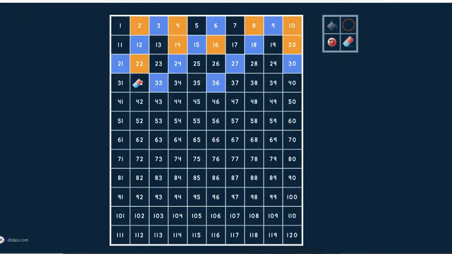Alright, so do you see the 3 times table goes diagonally like that, and it shares some of the 2's. Now we are going to go for 5's.